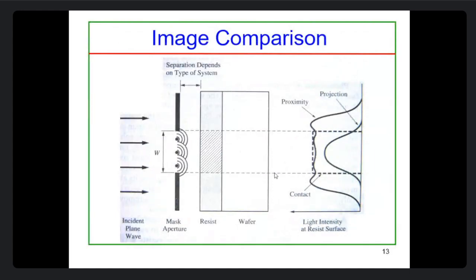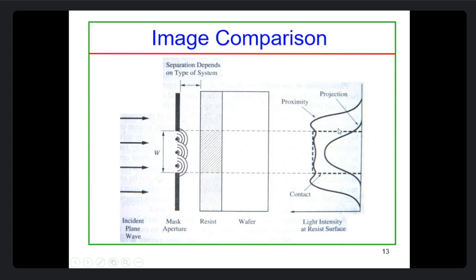Yes, this is a comparison, an image comparison. See, incident plane waves, then this is the opening or the aperture width, you can say. Mask aperture, this is the mask basically. This is opaque, this is transparent. And as you know, this is the PR coated wafer.